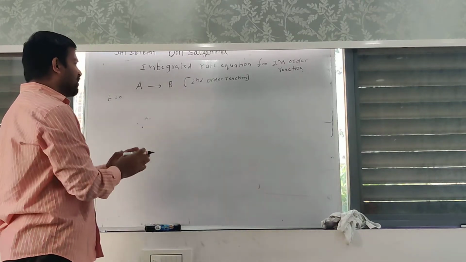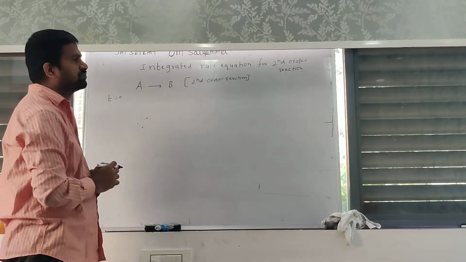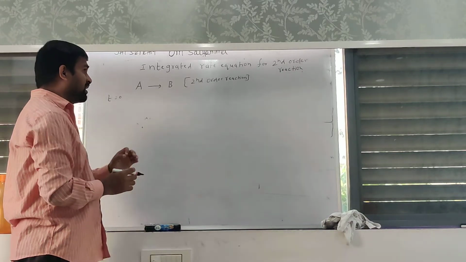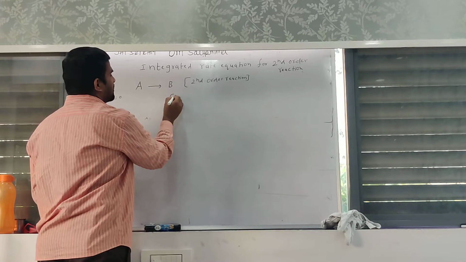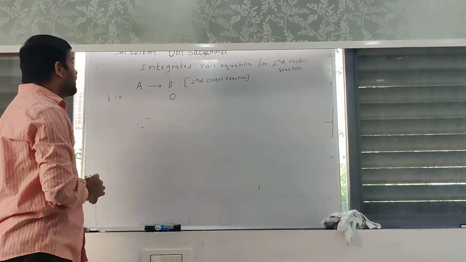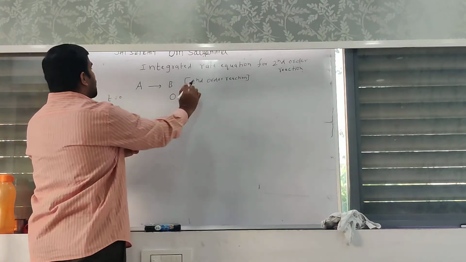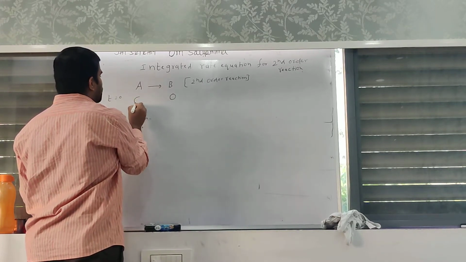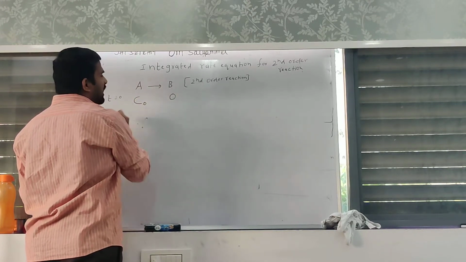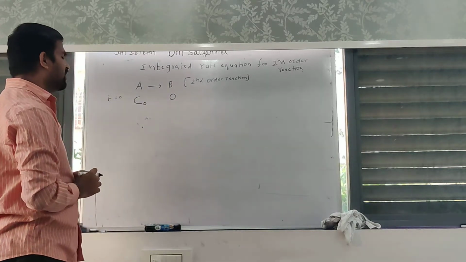Some amount of reactant is present, but product is not found, so the amount of product is assumed to be 0. The concentration of reactant at 0 time is C0.